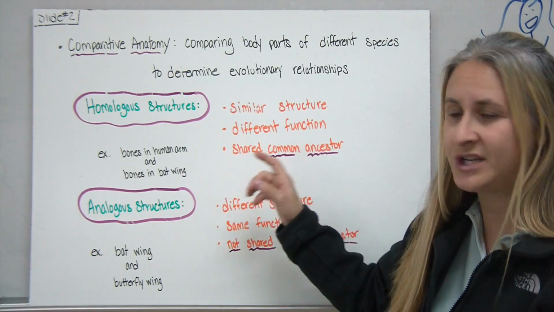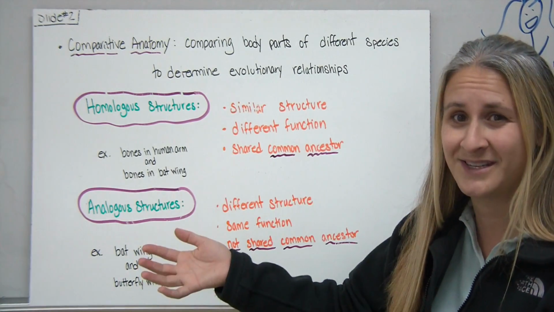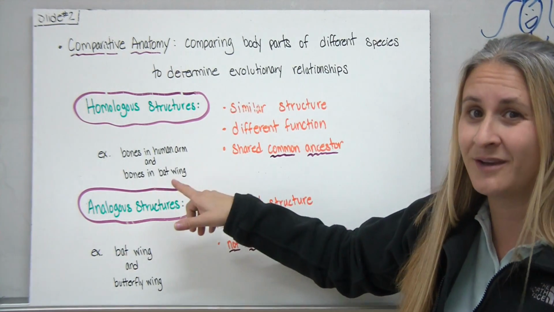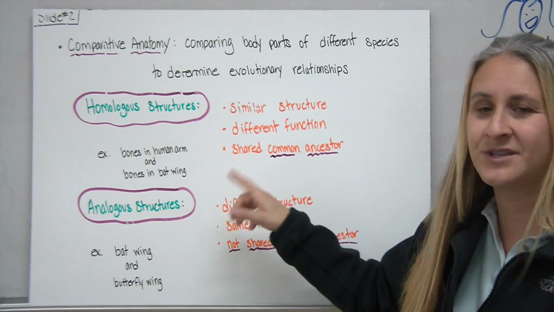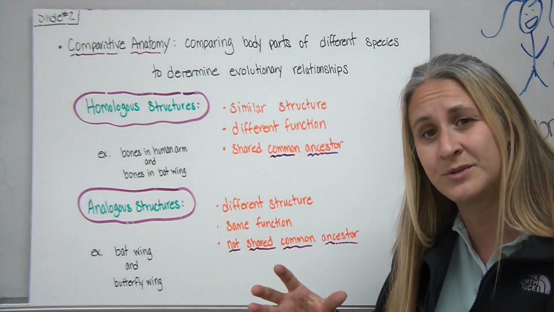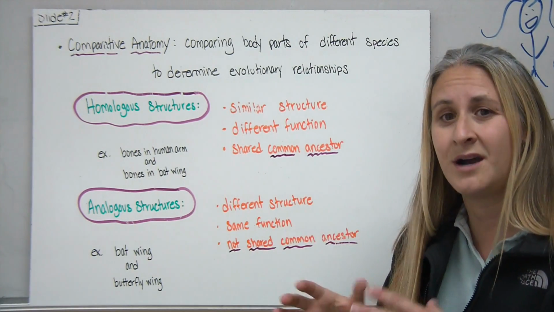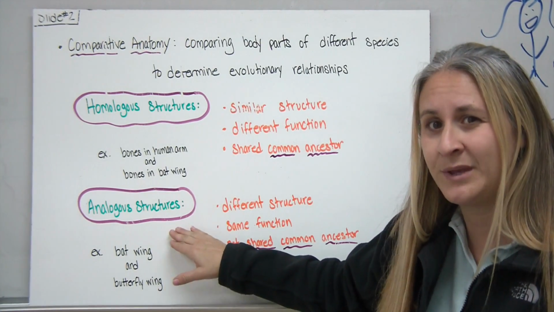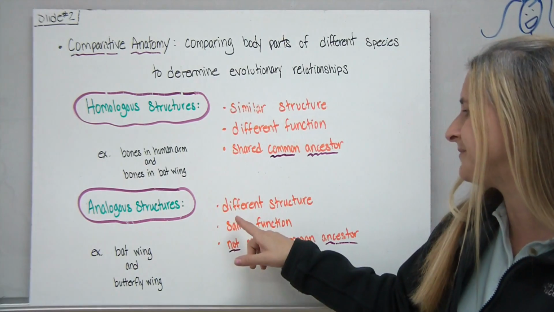They may have a different function now. In the case of humans, our arm isn't necessarily used to fly as it is in the bones of a wing of a bat. But it does suggest that we have a common ancestor because those bones really do show that common ancestral relationship.